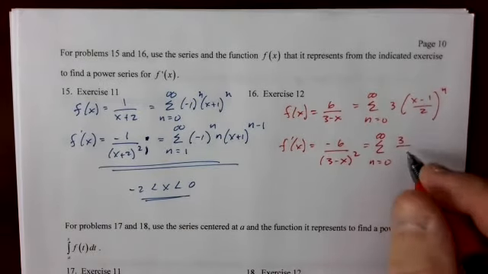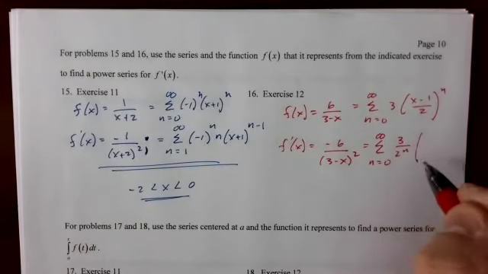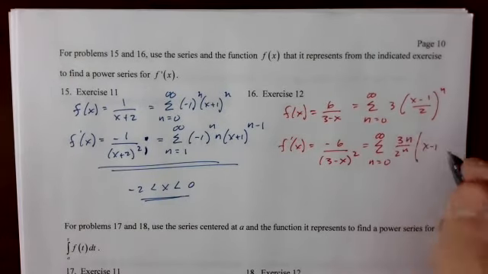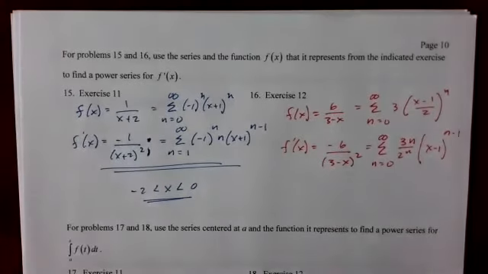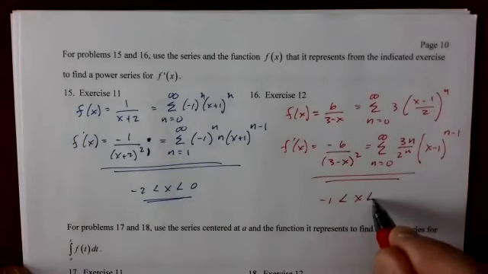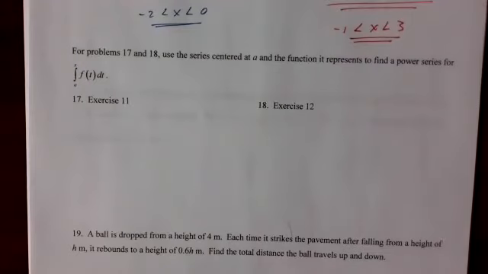Why not? Because it doesn't get impacted by the change. And then that leaves me with, oops, there's an n here, 3n, x minus 1 to the n minus 1. And like we said, don't forget, negative 1 less than x less than 3. I think I'm going to tell my students not to do these problems.